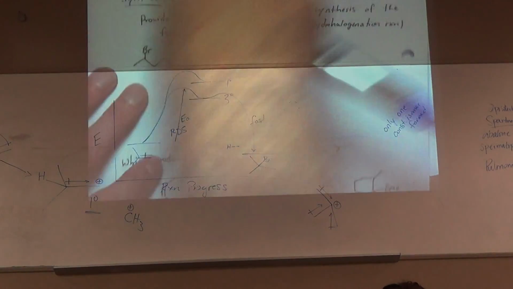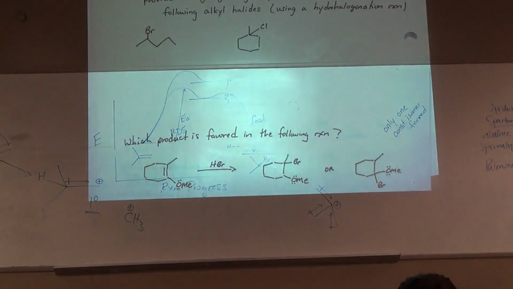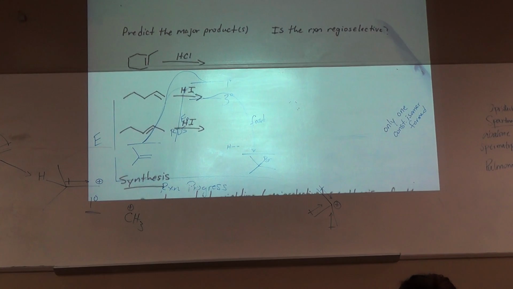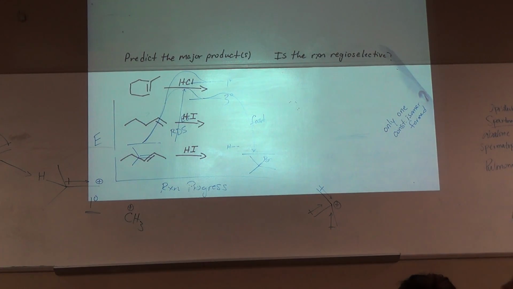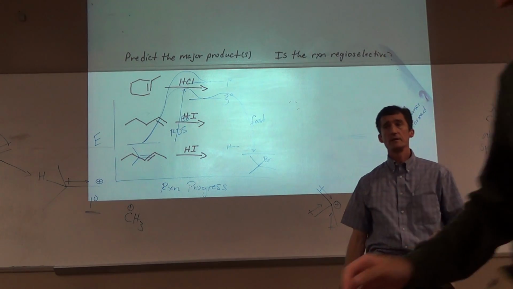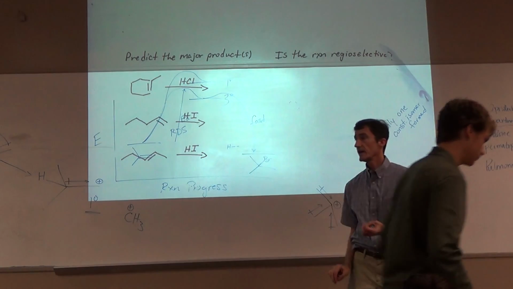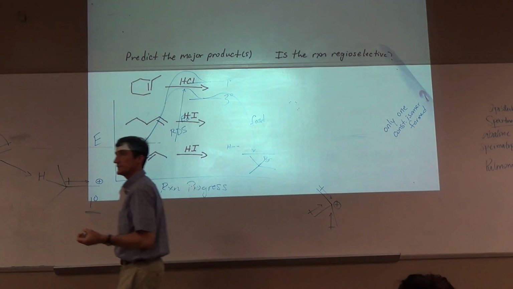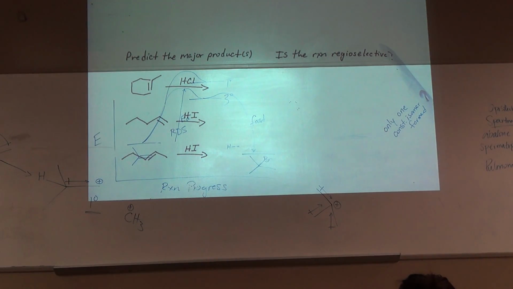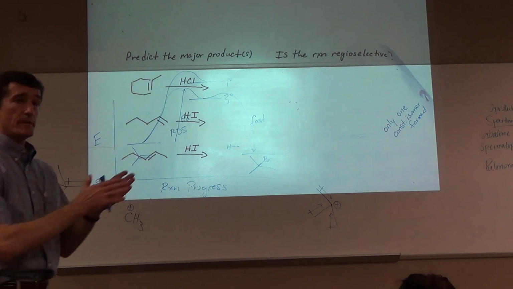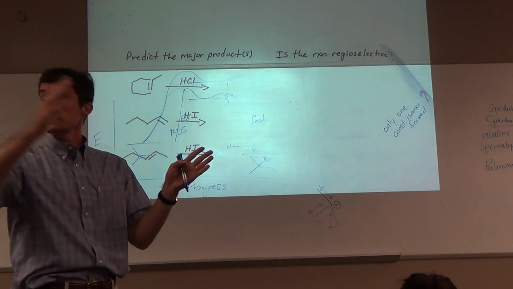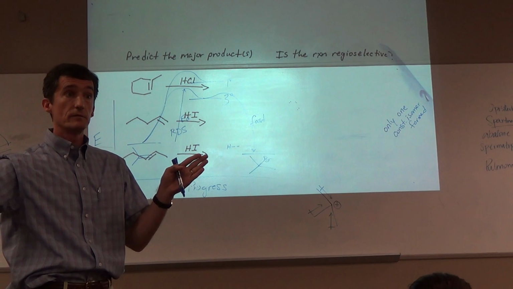Okay, let's see if we can predict products here. Now at this point, this is where I want to remind you: don't rely on, okay, alkenes react to give hydrohalogenation. I want you to think this way. Alkene reacts to give what?